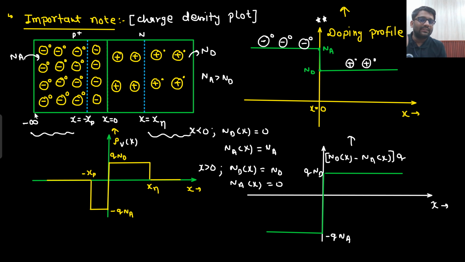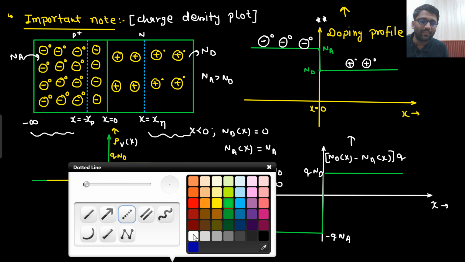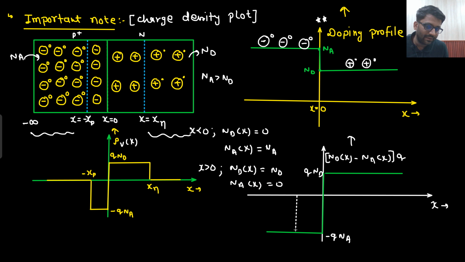That means my matter of concern is not from minus infinity to minus xp. My matter of concern is only from minus xp to 0 and then from 0 to xn. Only this much is my matter of concern.